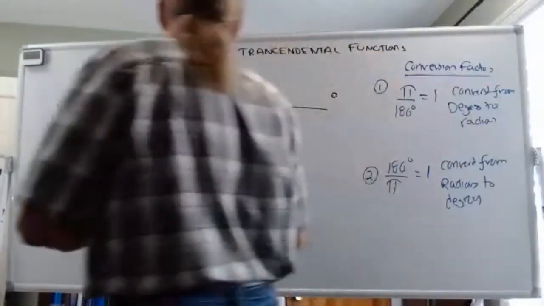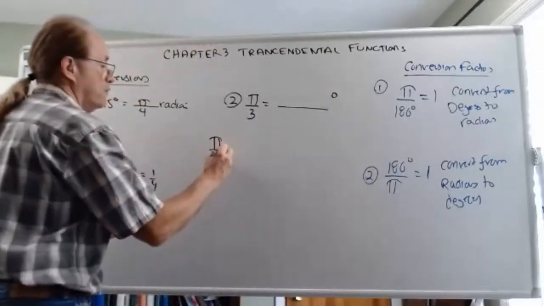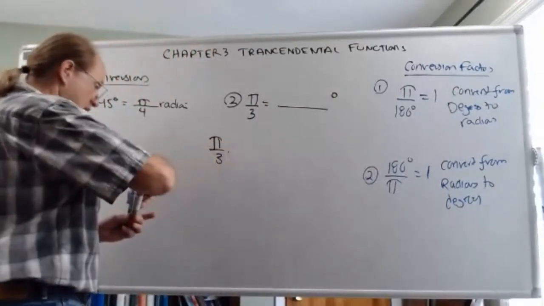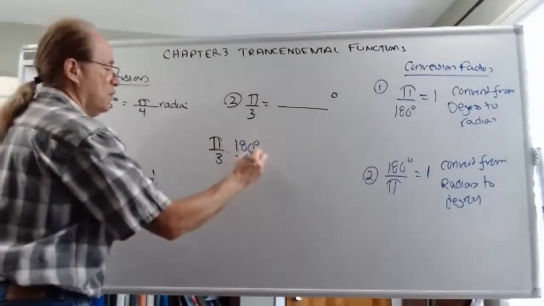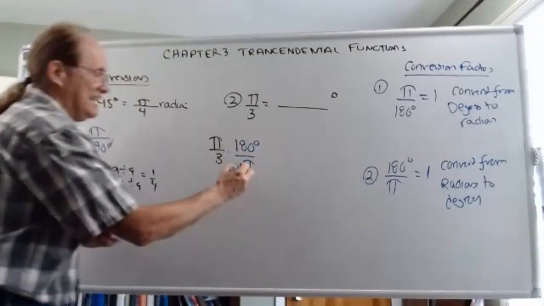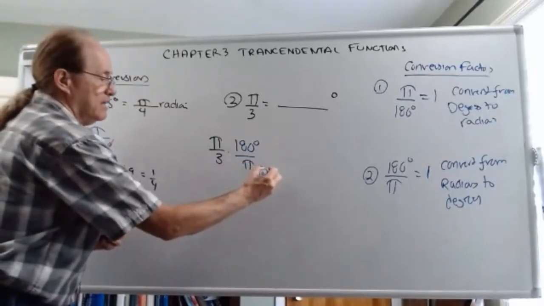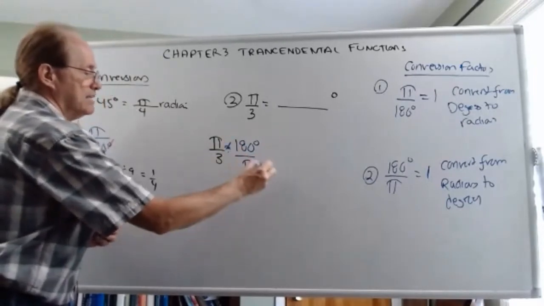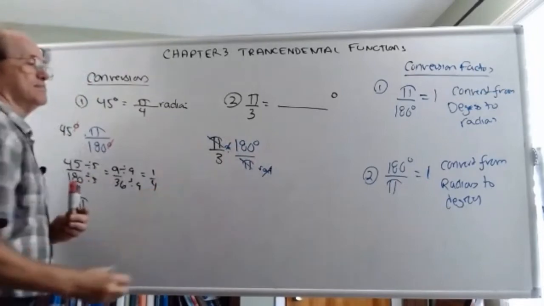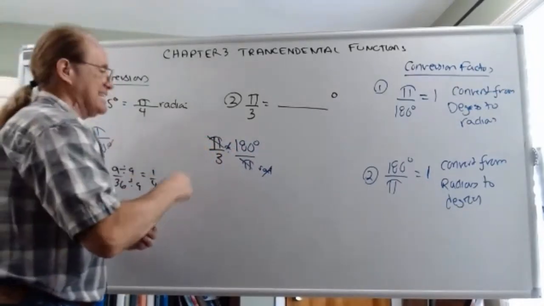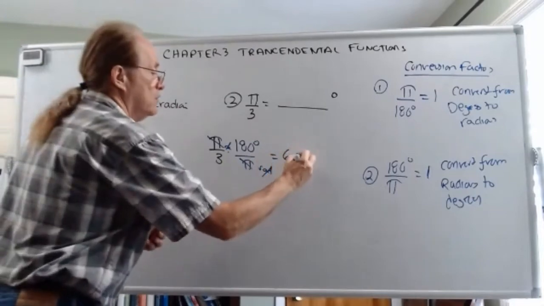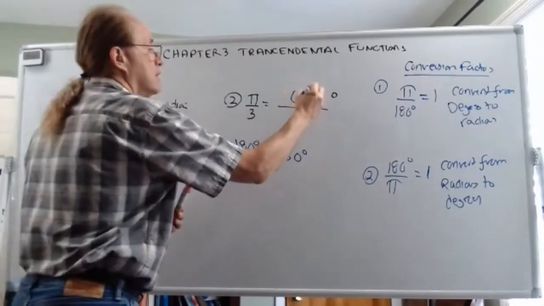So that's pi over 3 times 180 degrees over pi radians. This is a radian, and this is a radian, so the radians cancel out, and the pi's cancel out. So it's 180 over 3, which is just 60, and the units are degrees.